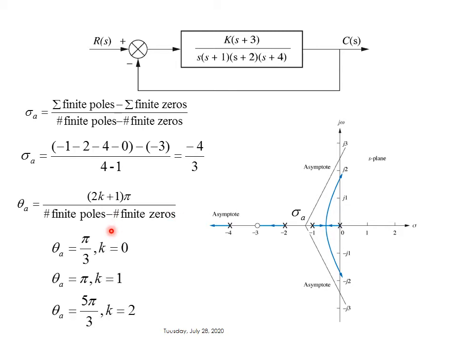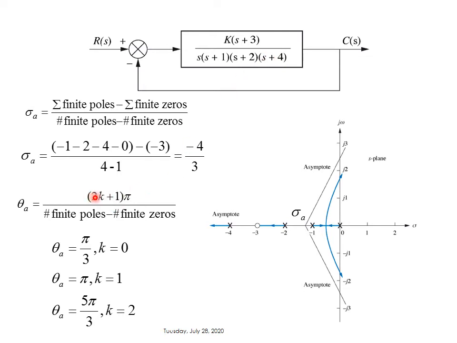The first thing is to identify the values of k. The values of k depend on how many poles need to go to infinity. Here we have 4 poles and 1 zero. One pole can go to this zero, but the other 3 poles need to go to infinity.